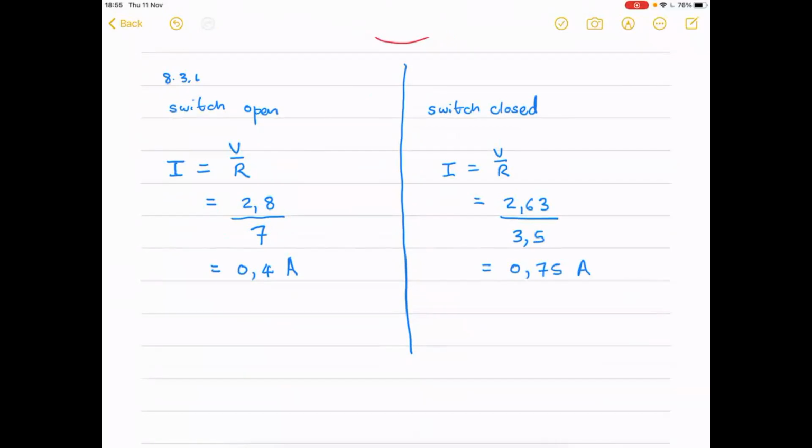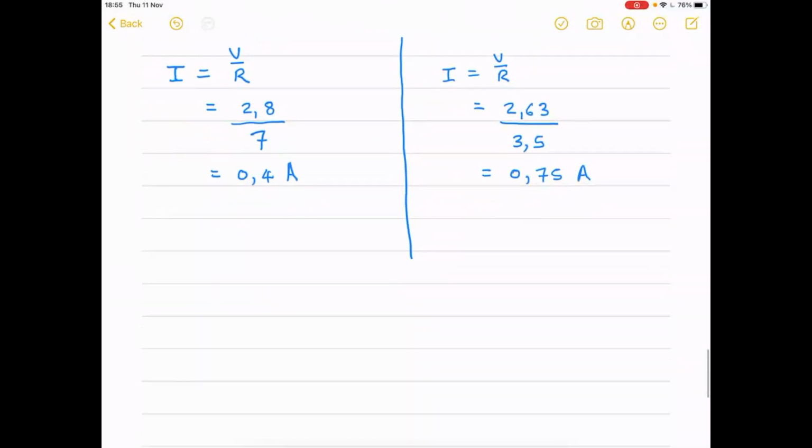Now the next bit, remember, we're trying to find the internal resistance. So the equation we use is the EMF is equal to I times external resistance plus internal resistance. And we'll do it for both situations.